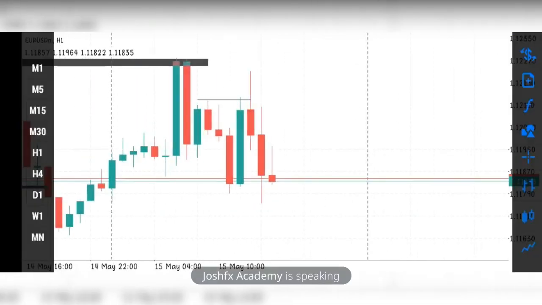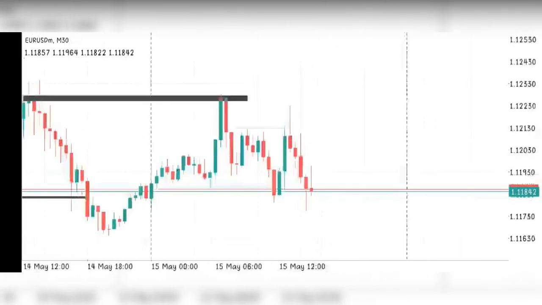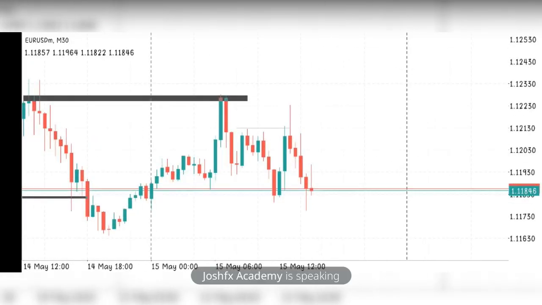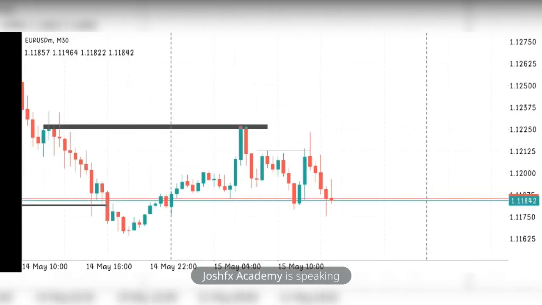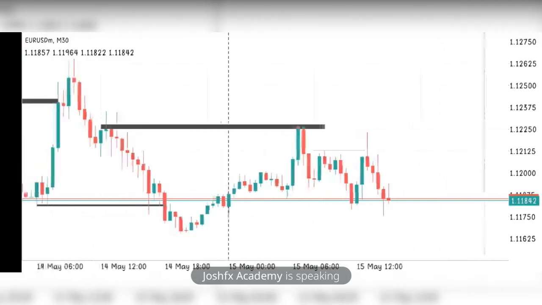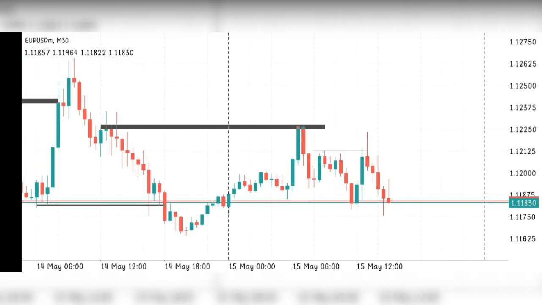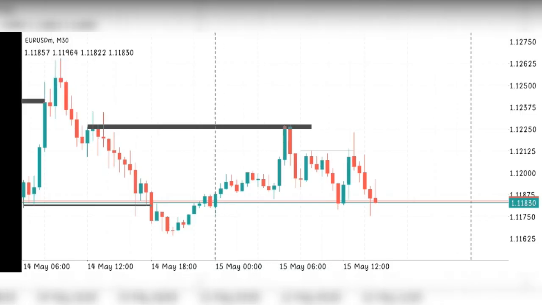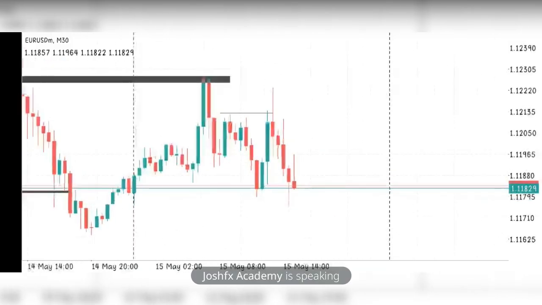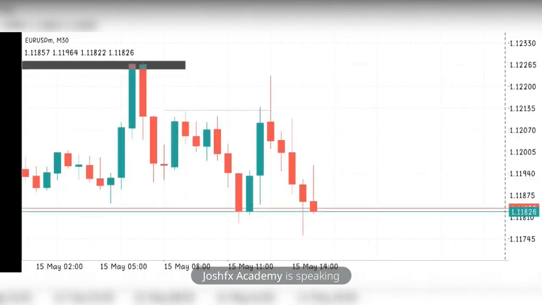Let's go to 30 minutes time frame. Now, we saw this liquidity being raided. But now, if you observe it very well, it is something that we need to draw our attention towards. Now, I don't know, maybe I've explained this to you before, but I think I did that.